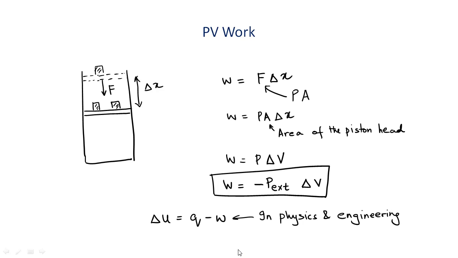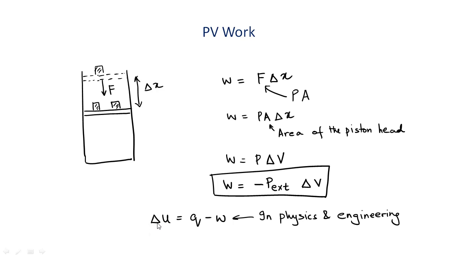I think the reason is that for engineers, the focus is on the work done by the system. Maybe an engine which runs a car, and they prefer that quantity to be positive. For chemists, our focus is on the system and its energy. So we are happy with work done on it to be positive, which increases its internal energy.